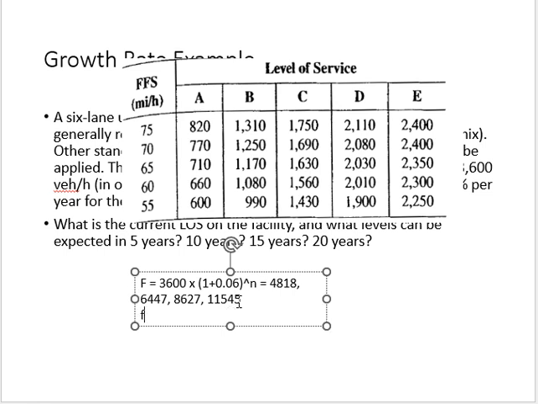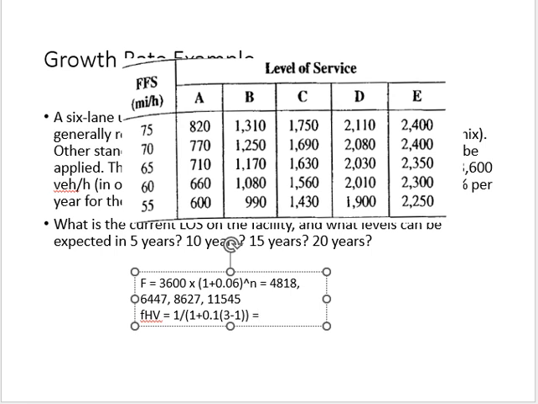I need the FHV factor now. What is the percentage of trucks? 0.1. What terrain do we have? Rolling. For rolling terrain the factor is this.